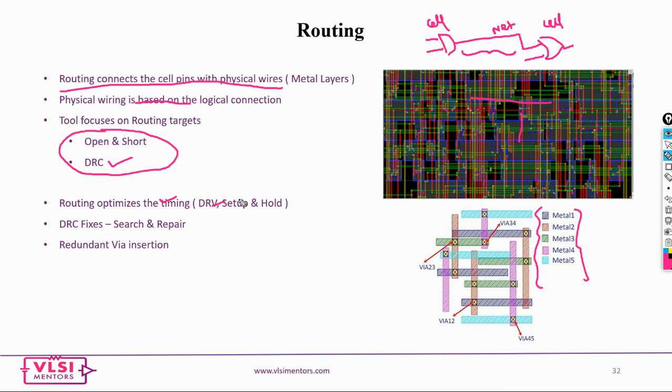Say for example, DRV, setup and hold, and then DRC fixes, search and repair, and then redundant via insertion to improve your yield and all of that. So routing is a very important step which lays out, or brings in, this physical wiring.